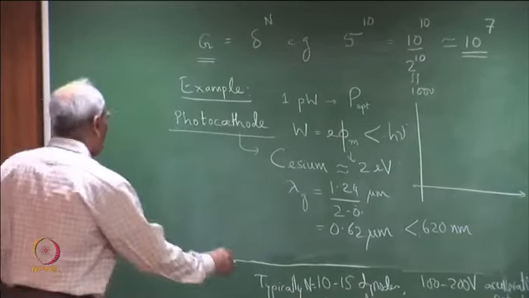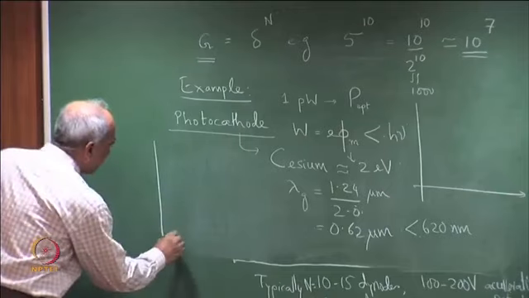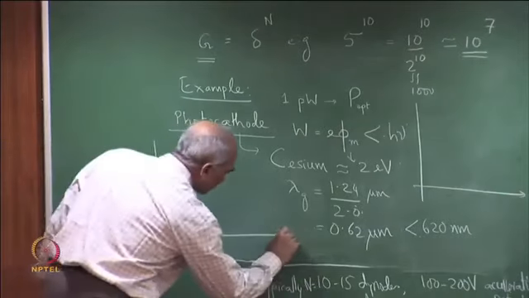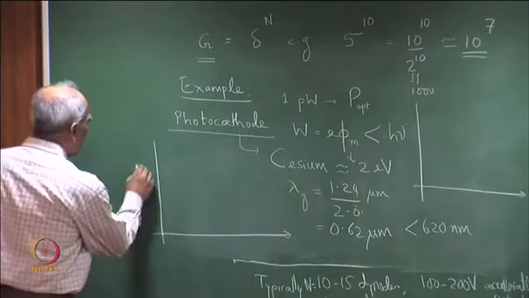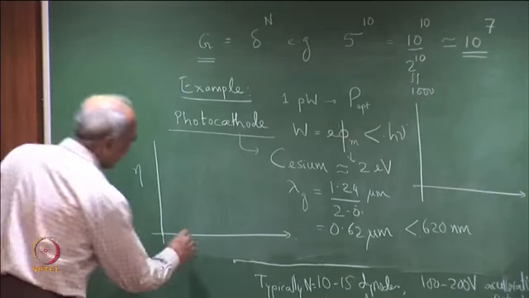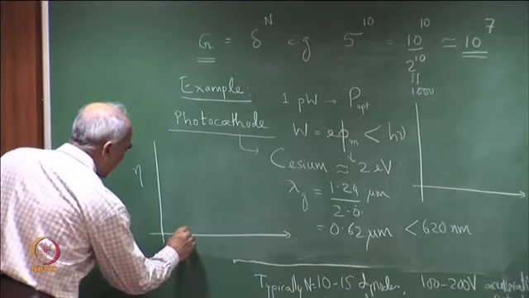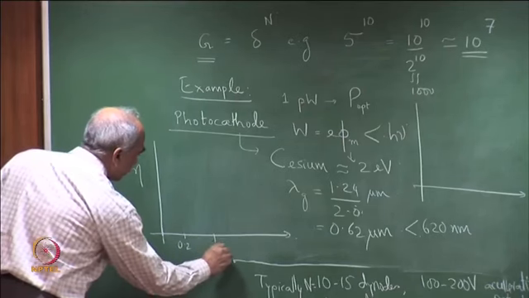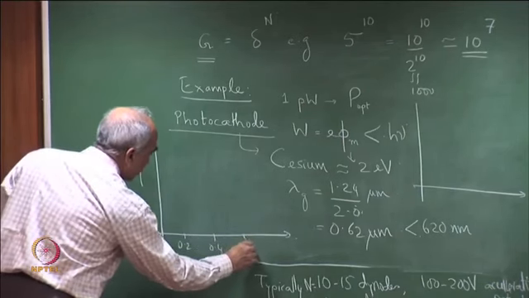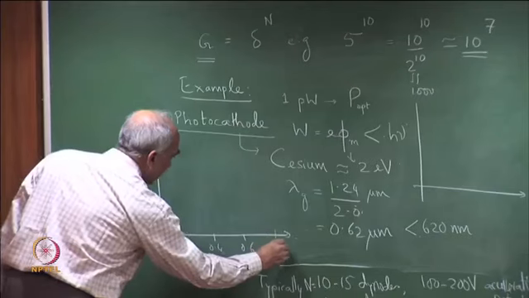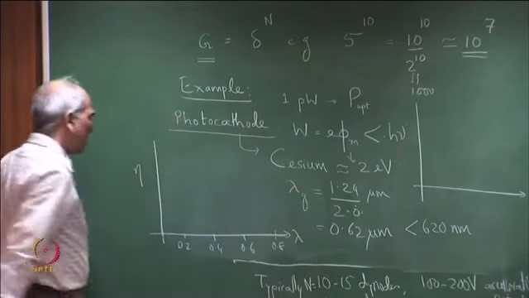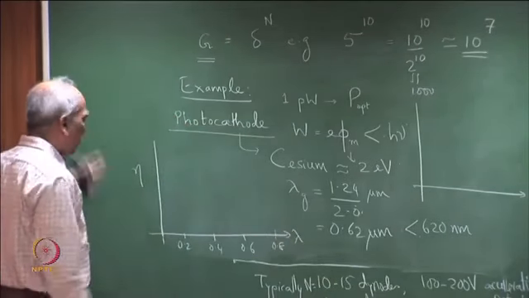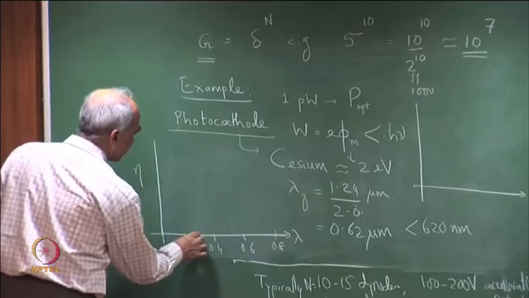So, if we see the typical quantum efficiency eta versus wavelength, we typically have 0.2, 0.4, 0.6, 0.8 for lambda.